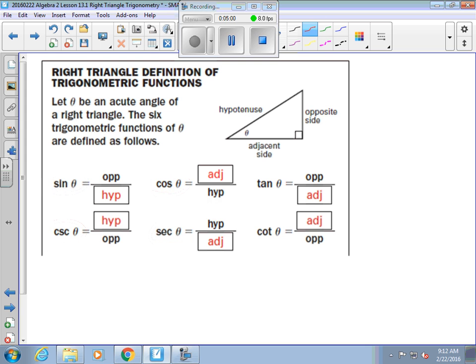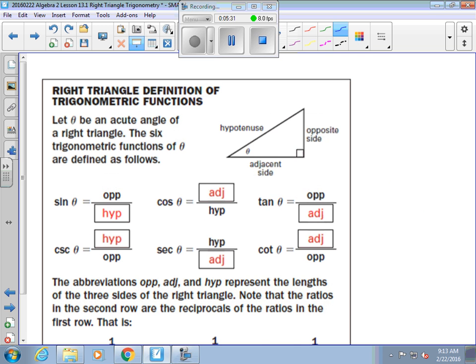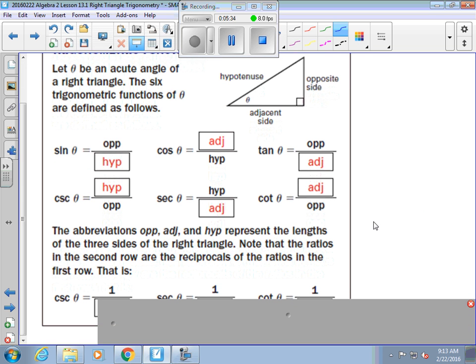Just find the easiest way to solve triangles, what we're about to do for example number one in a second, which is to find sine, cosine, and tangent, and know that cotangent goes with tangent, and then cosecant, CSC, goes with sine, and secant goes with cosine. Just pair those three with the other three, and you won't make a mistake, because you know how to do sine, cosine, and tangent based on SOHCAHTOA.